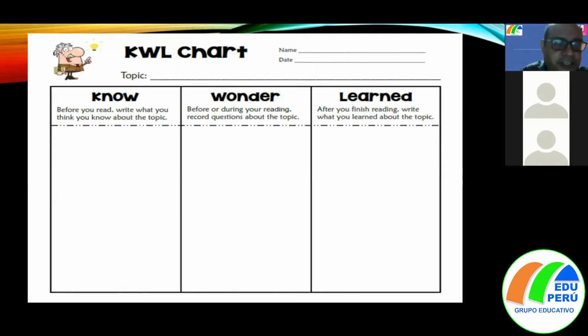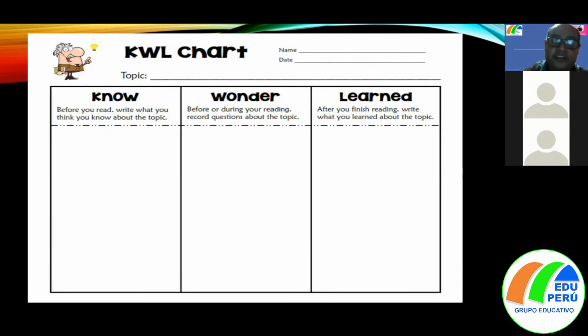Know: before you read, write what you think you know about the topic. Wonder: before or during your reading, recall questions about the topic. This is for more advanced level students. And learn: after you finish reading, write what you learned about the topic.